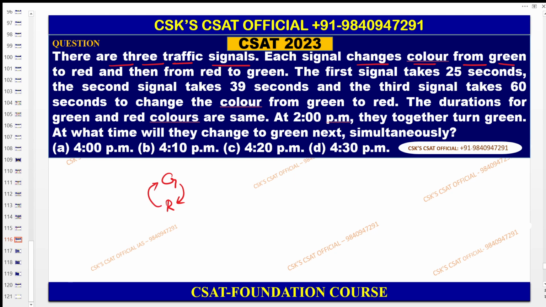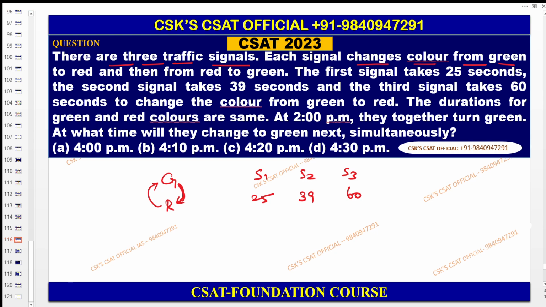Take statements like this. You can take signal 1, signal 2, signal 3. The first signal takes 25 seconds, the second signal takes 39 seconds, the third signal takes 60 seconds to change the color, green to red.